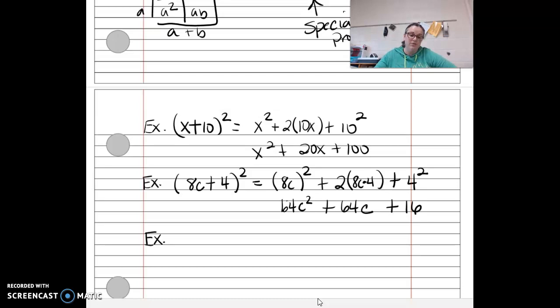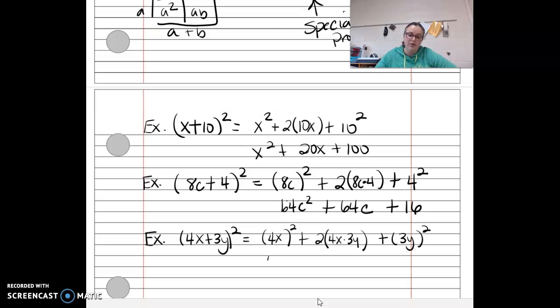If I were to do variables with both terms in the binomial, so if I were to take 4x plus 3y and I square that, we're going to take the first term and square it, so 4x squared. And then I need 2 of my two terms multiplied together, so 4x times 3y. And then I need my last term squared.